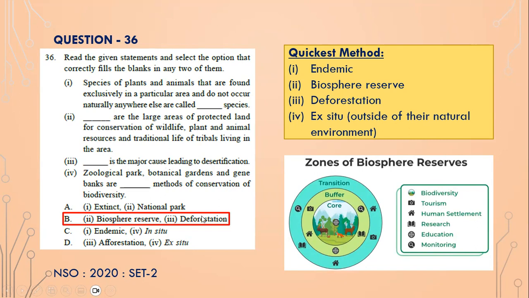So what is the major cause? Deforestation, cutting of trees in the forest. What is desertification? Formation of deserts, isn't it? Because when you start cutting trees, the soil will not stay in place. It will just get washed away because there is nothing to hold the soil, and it will then form deserts.